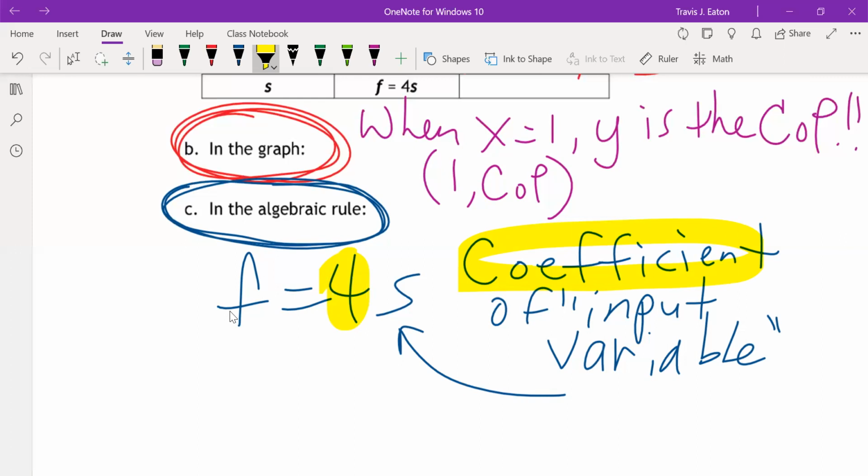After today, you should be able to look at an algebraic rule, otherwise known as a linear equation, or a graph, or a table, and be able to identify the constant of proportionality in each and every one of those. If you can't, it's only because you haven't been listening and paying attention. There's no reason for that.